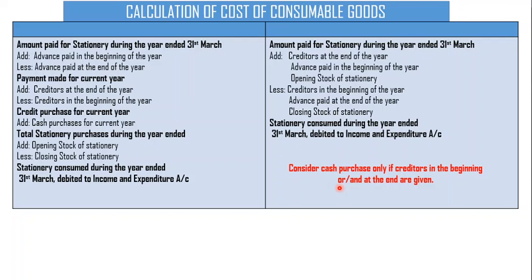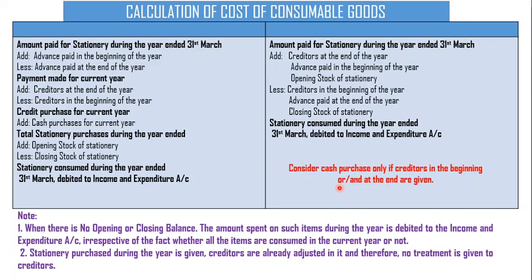Okay, moving to the next thing, a few more things which you have to remember when there is no opening or closing balance. Now this calculation is done only if there is an opening and closing balance. Say the receipt and payment account, on the credit side, of course the payment side, says only the word stationery, and there is no adjustment stating the opening and closing balance.